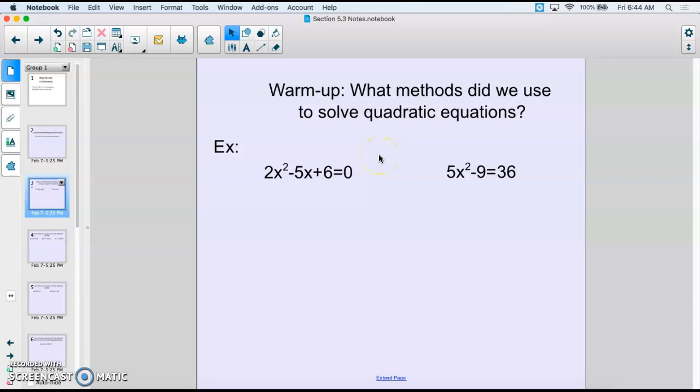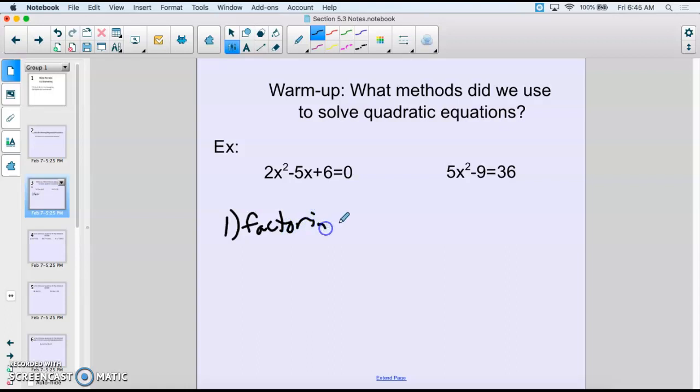What methods did we use to solve quadratic equations? Back in chapter 3 or 4, we solved quadratic equations. One way we did that was by factoring. Right, factor by grouping. Another way that we used was the quadratic formula.